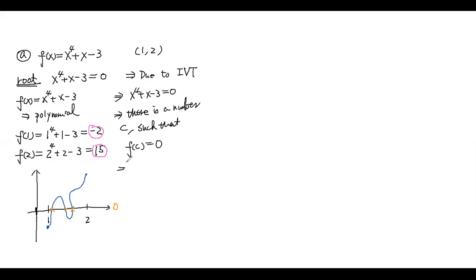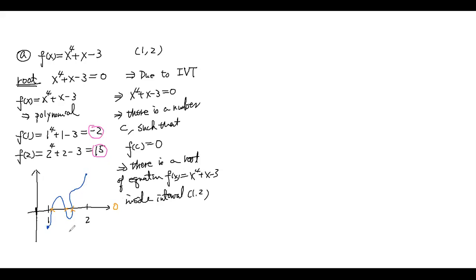So there is a root of the equation f(x) = x^4 + x - 3 inside the interval [1, 2]. It's kind of common sense. If you start with a negative, and this is continuous, and then end with a positive, it has to pass through zero. That's our definition of the roots here.